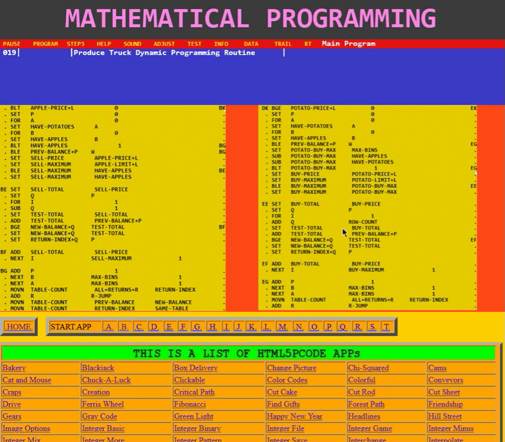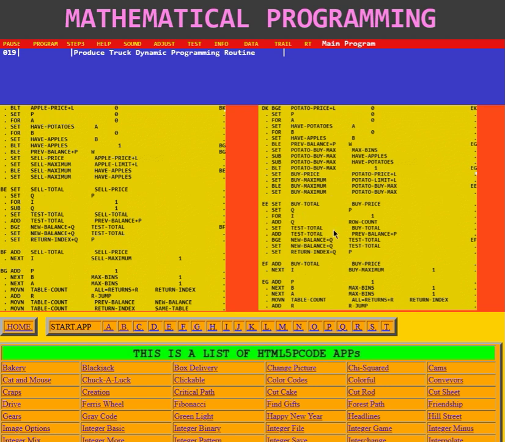Then we have to see what point we're at dollar-wise. We set the test total to the buy total. That's how much it costs to buy it. And then we add to that the previous balance of P. Remember, this whole thing here has to do with the previous. We're checking it for every previous, from 0 up here all the way down here. It'll eventually get to 225.